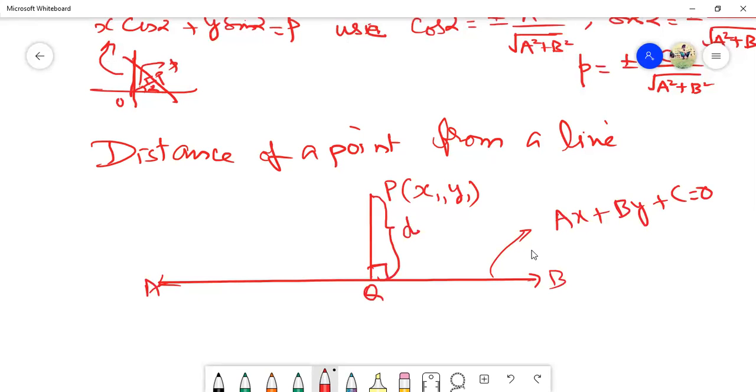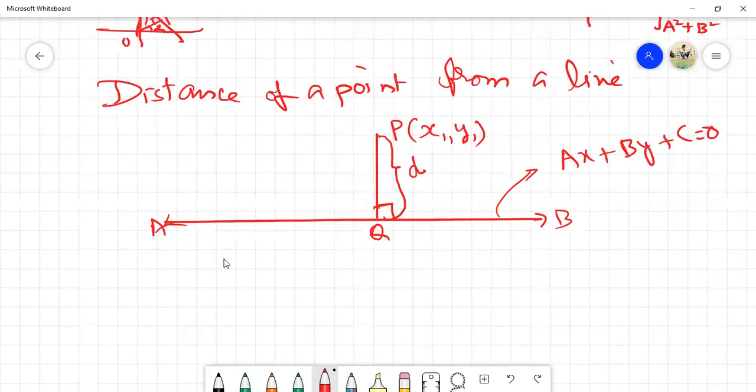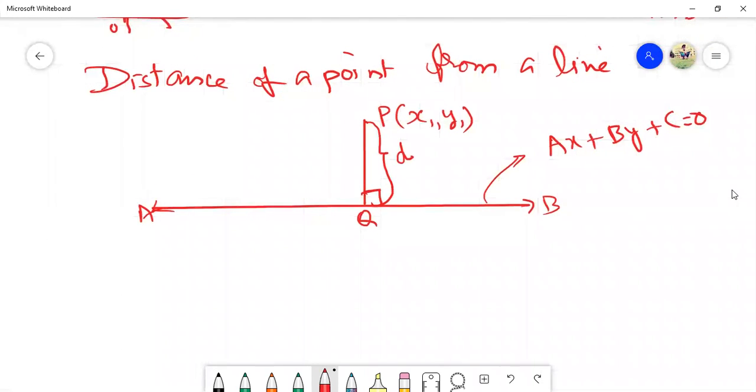Okay. So the formula is: you just put the point in this line, whatever line is given here, you will substitute the point, and since this is a distance, you have to take the absolute value of ax1 + by1 + c.